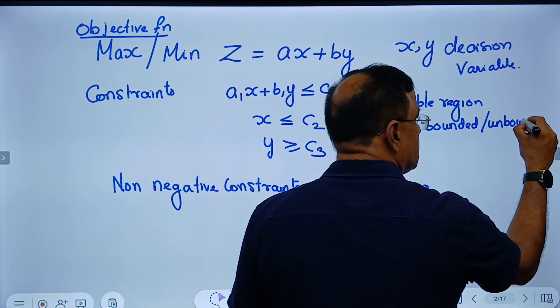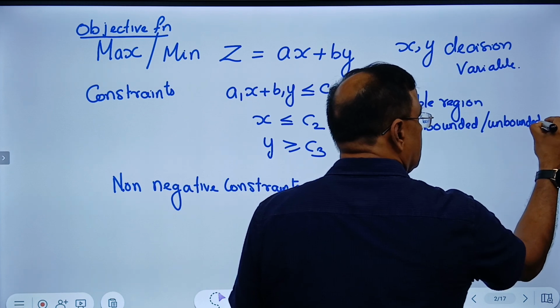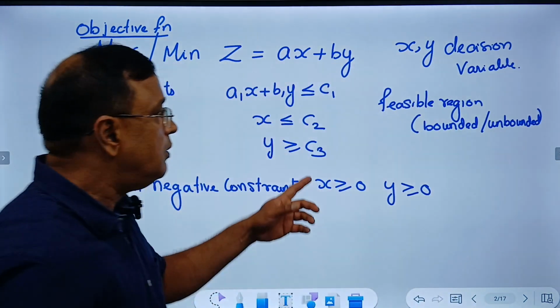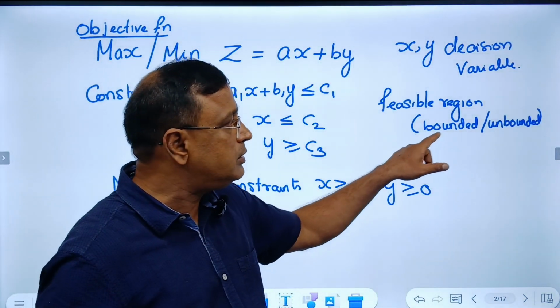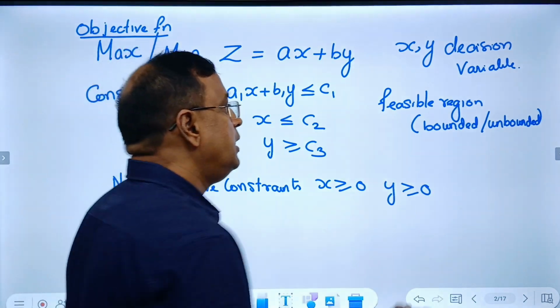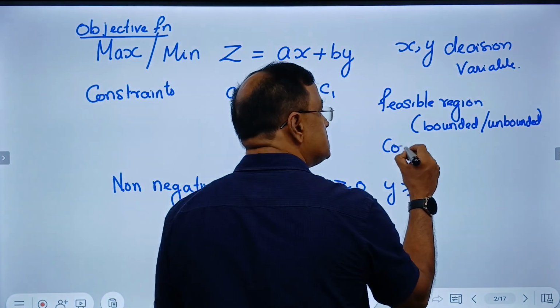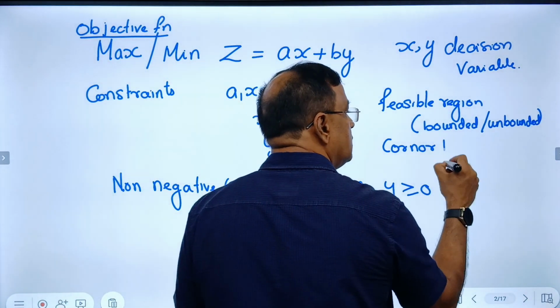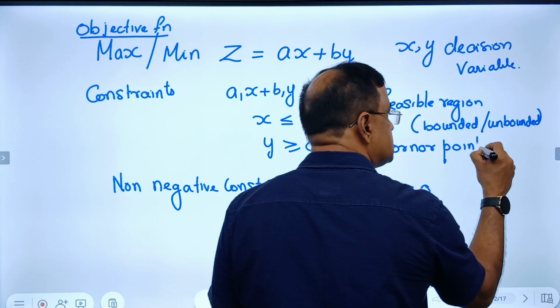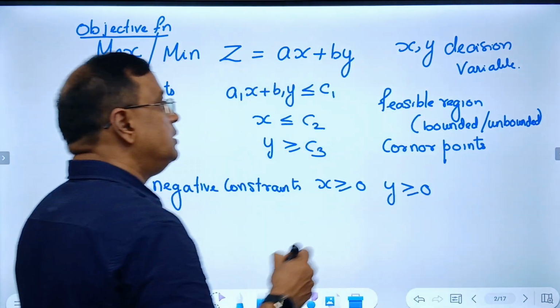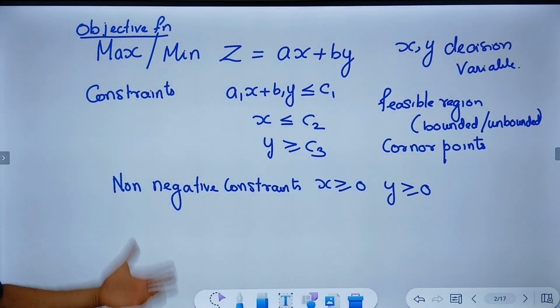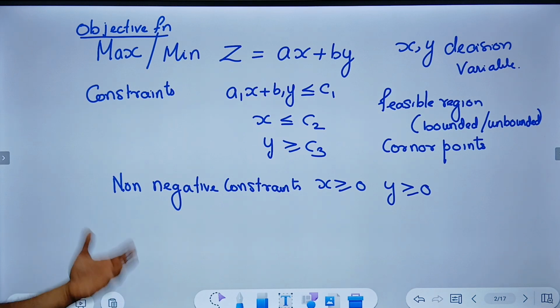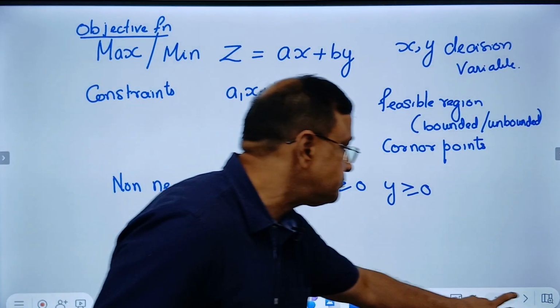As and when the situation comes, we'll go back to it again. I have done a problem from each type, bounded and unbounded, in part 1. And then you have something called the corner points. So I'm reintroducing these terms to you. Now we'll get into the problem and see how we solve these problems graphically.